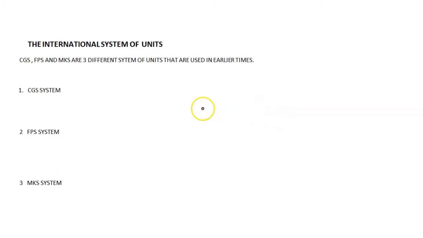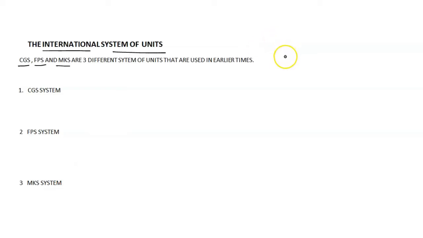Then comes the international system of units. In earlier times, scientists of different countries were using different systems of units for measurement. Three such systems are the CGS system, FPS system and MKS system. These are the 3 different systems of units that were used in earlier times for different physical quantities.